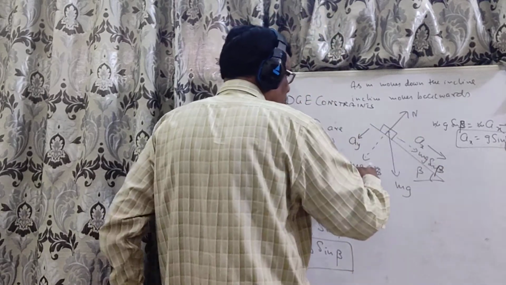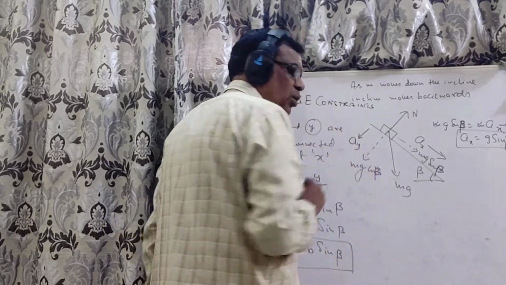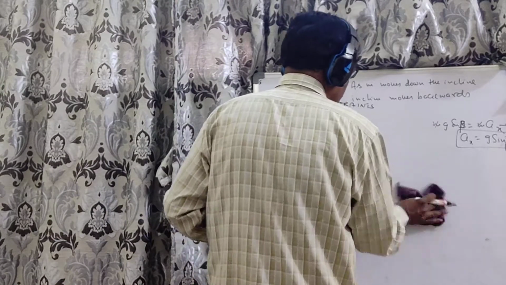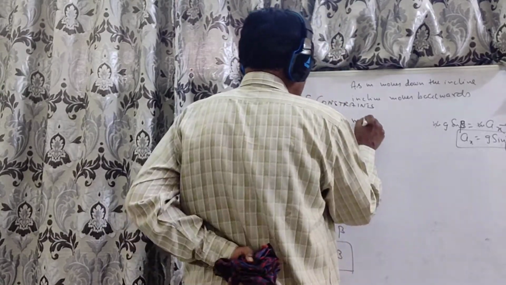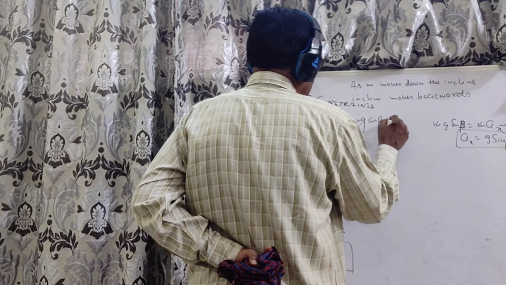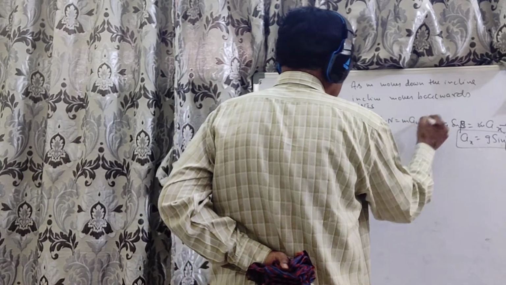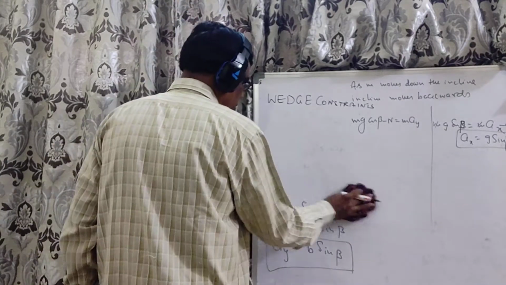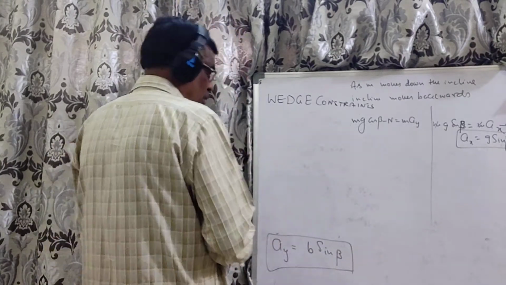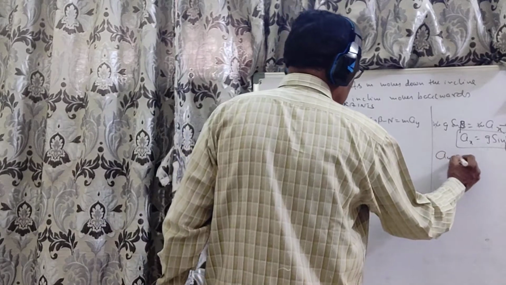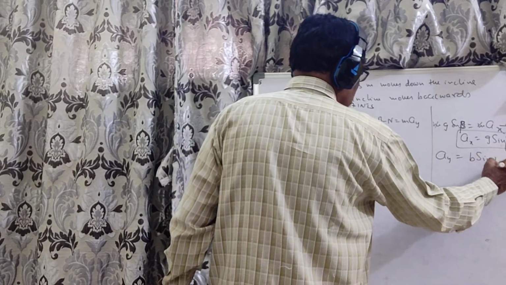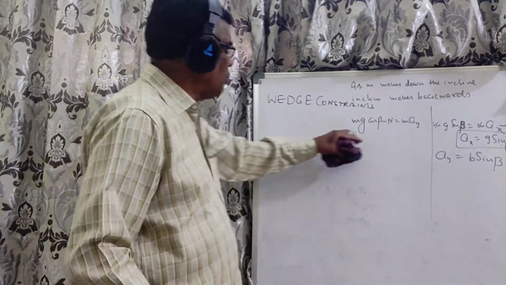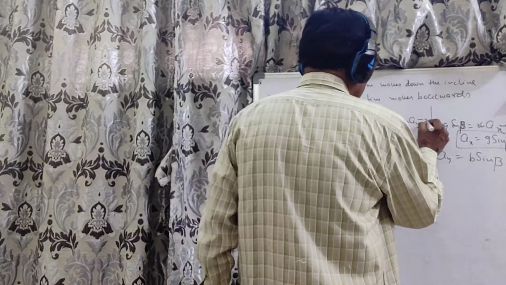So mg cos beta minus N is equal to m ay. So mg cos beta minus N is equal to m times ay, and this also we will use: ay is B sin beta. I have got the second equation from this.